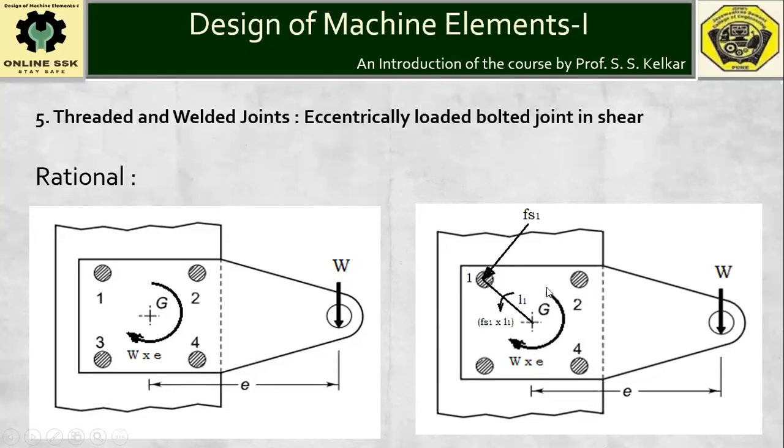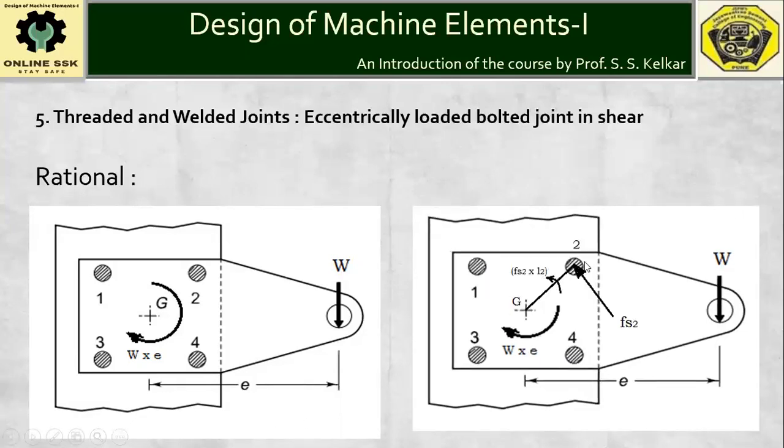External force is causing clockwise rotation, therefore the secondary force has to act in downward sense so as to cause rotation of the bracket in opposite, that means anti-clockwise sense. So here the direction of secondary force shown is the correct one. This secondary force will cause rotation of the bracket in anti-clockwise sense, opposite to the sense of rotation caused due to the externally applied load W.